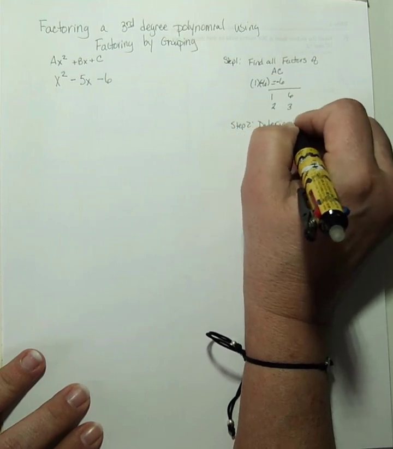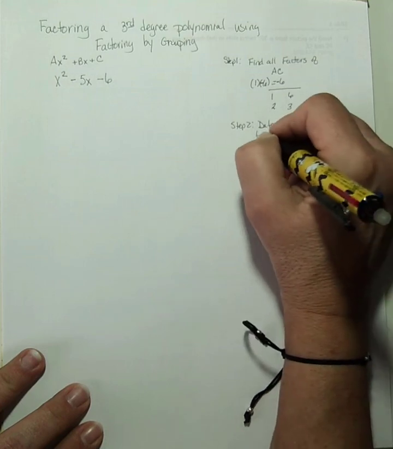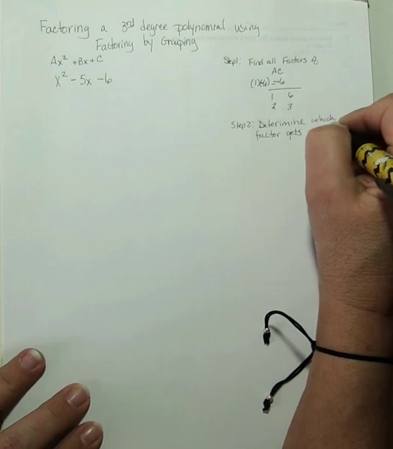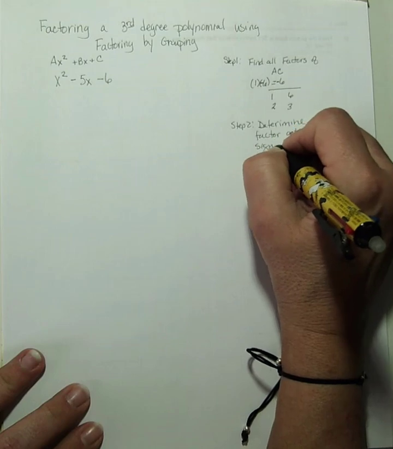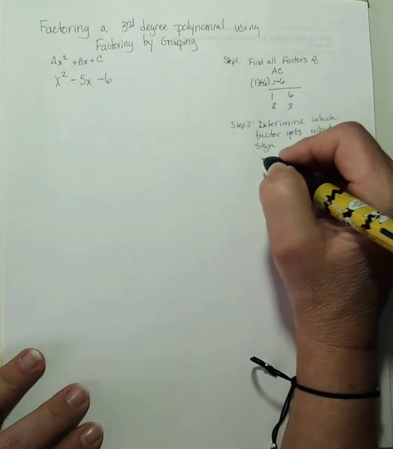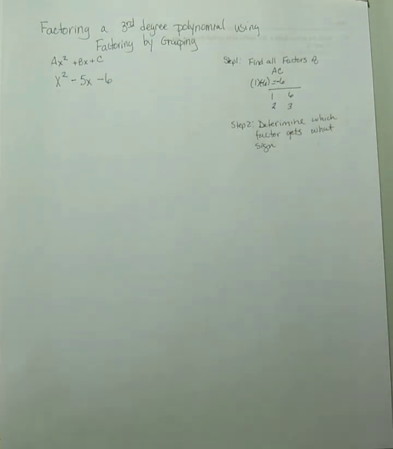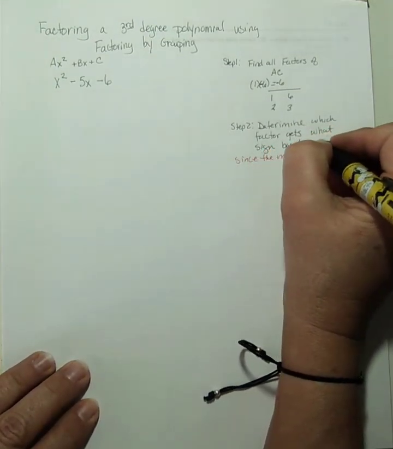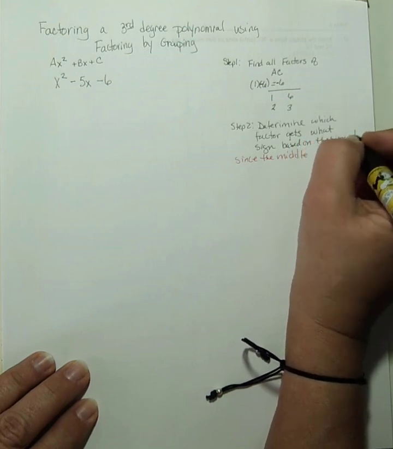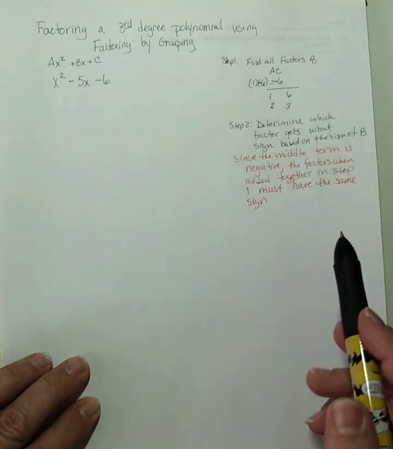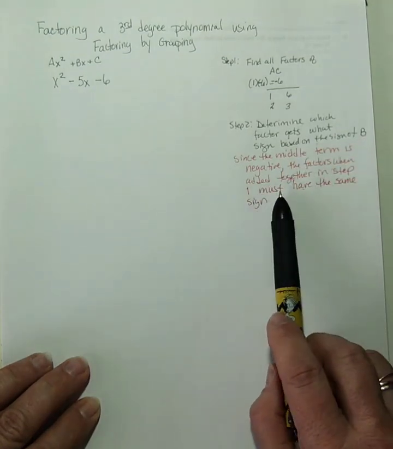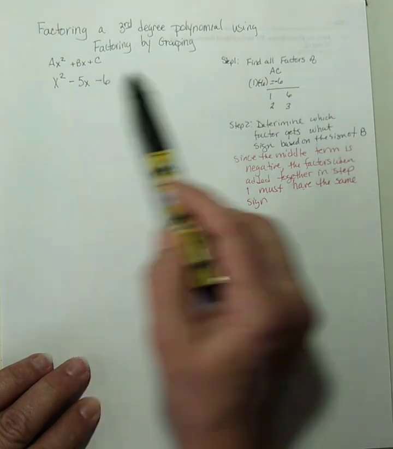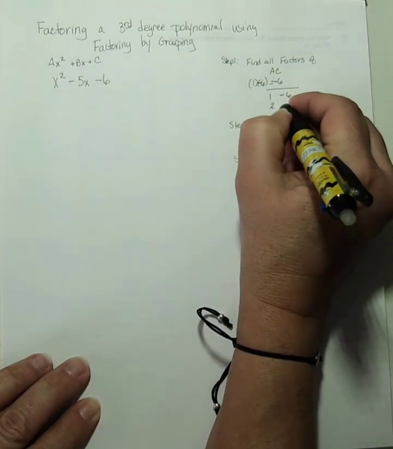Since the middle term is negative, I'm looking for a negative sum, so my larger number has to get the negative sign.